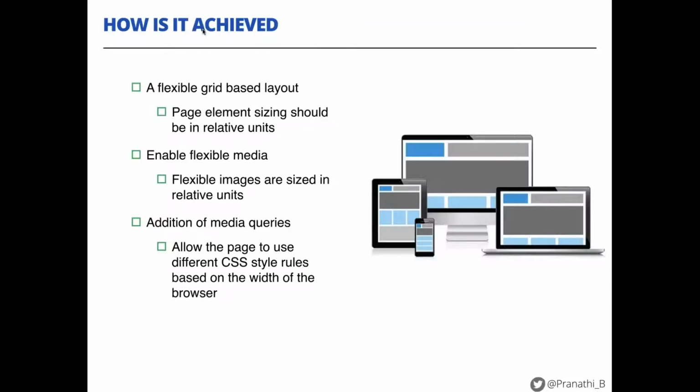So how is it achieved? How does this happen? The basic concept behind responsive web design is, instead of thinking of your website like a newspaper, which is a fixed width and length, think of it as a flexible grid.